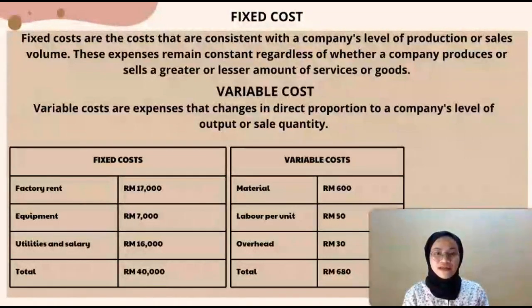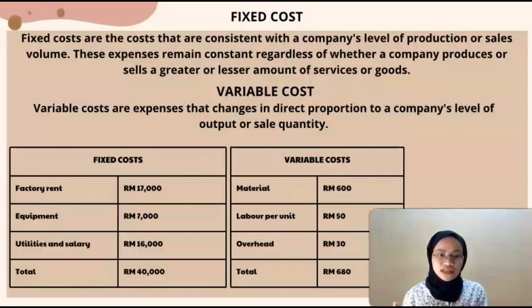Next, I will explain about fixed costs. Fixed costs are costs that are consistent with a company's level of production or sale volume. This expense remains constant regardless of whether a company produces or sells a greater or lesser amount of service or goods. Basically, the company has to pay the fixed costs even if the demand for the products the company sells decreases or increases.